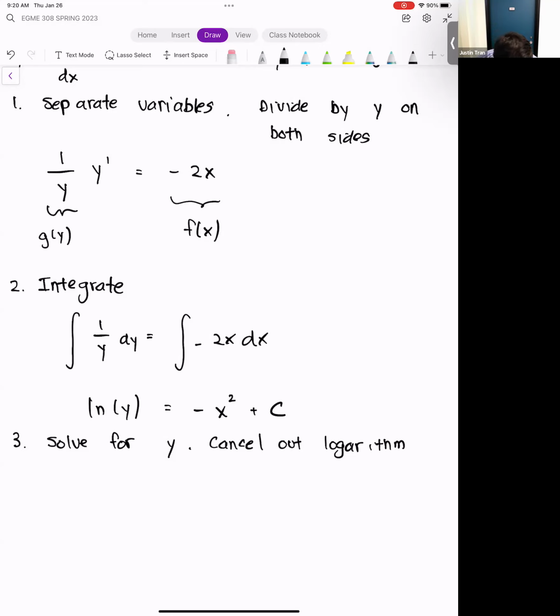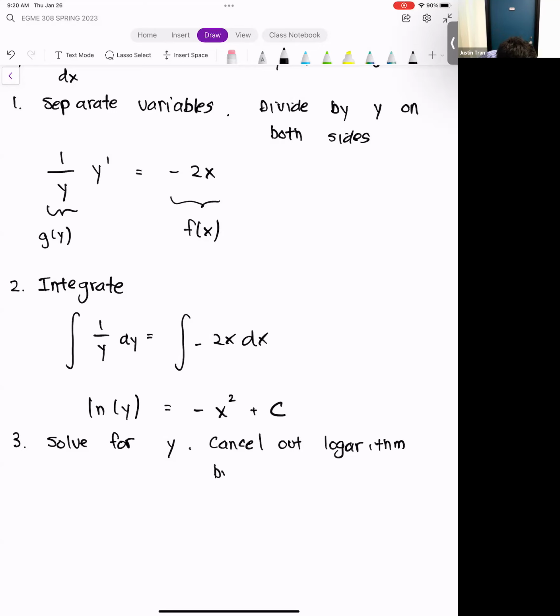Right? So we take e and raise it to both sides.